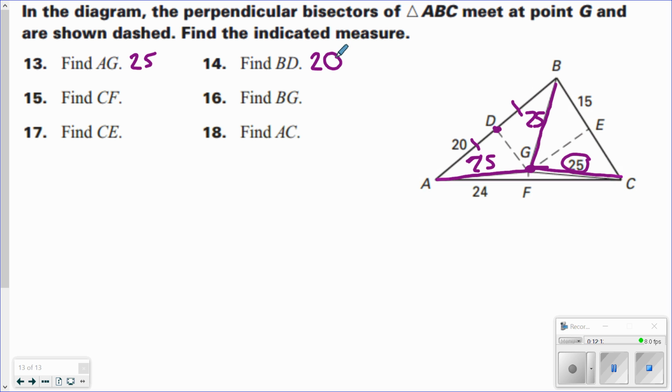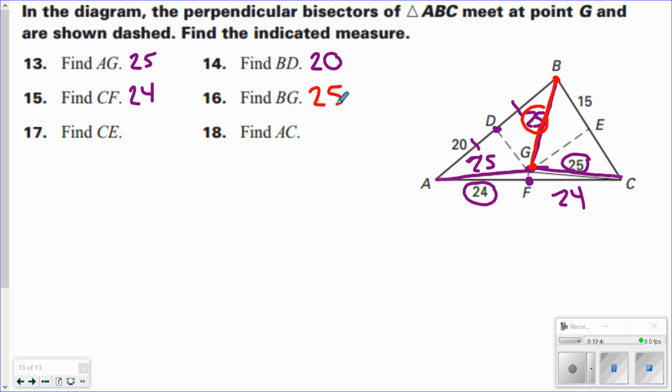Once again, we know that point F is a midpoint because we have perpendicular bisectors. So if F is in the middle, we know that CF must also be 24 since AF is 24. BG, I'm going to highlight this with the red now. So BG is right here, which we already have highlighted, knowing that it's 25.